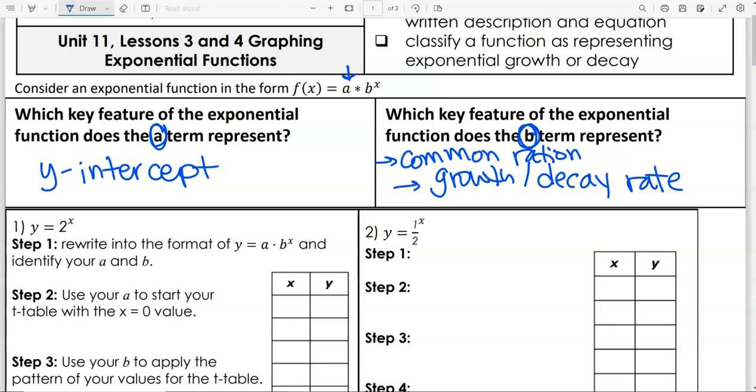So what is technically my a in this one? How could I rewrite this to be something times 2 to the x without changing it? A 1. So my a value is 1, and our b value is 2. 2 is our multiplier, how we're growing.